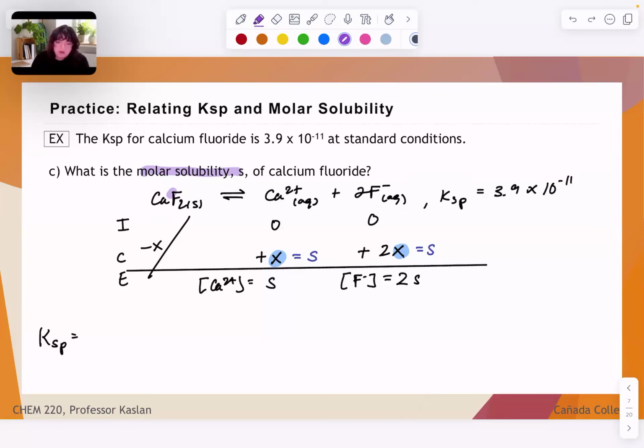So equilibrium constants, these are products over reactants, where products are raised to their coefficients and reactants are also raised to their coefficients. And in this case, our reactant is a solid. This is why it's a solubility product. We are going to look at an equilibrium product between Ca2+ and F minus, where we square the fluoride because of its stoichiometry.